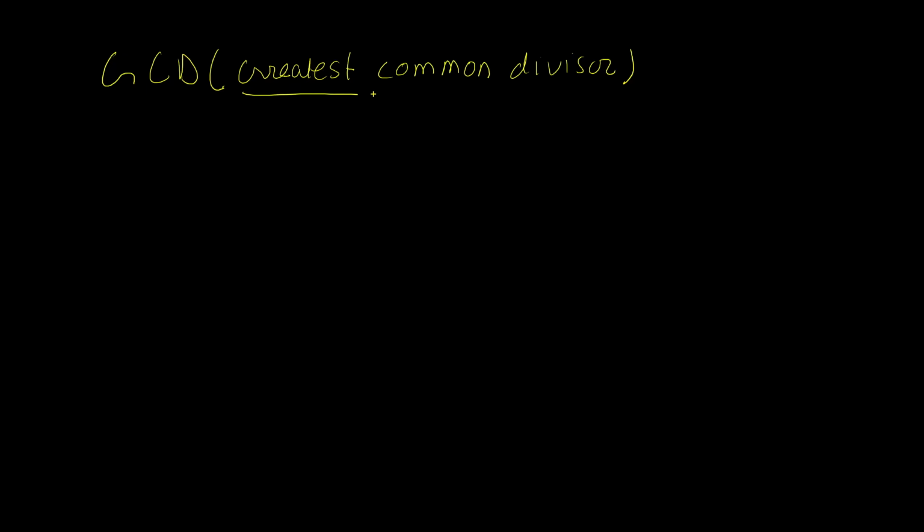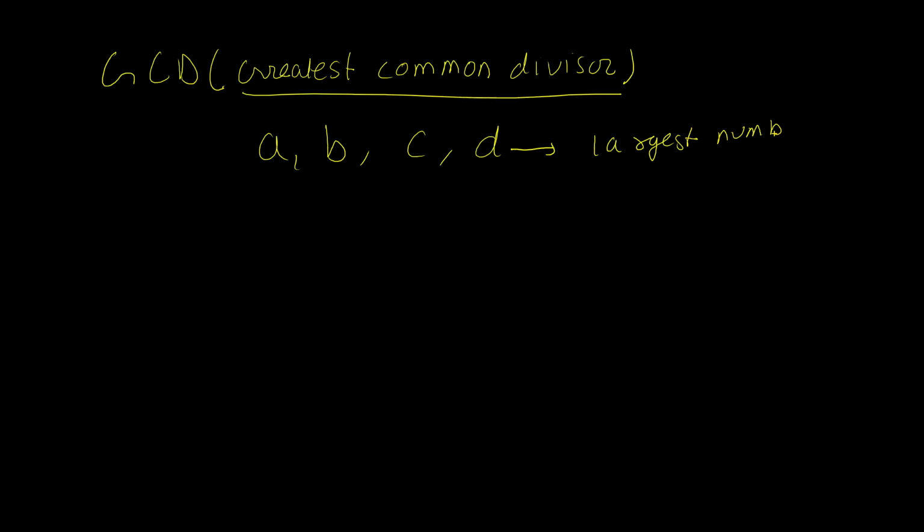Okay, so getting into our next topic, we'll be looking into the idea of GCD or greatest common divisor. And I cannot think of a better example of a name being the definition. Given any set of numbers, the GCD is the largest number that divides all of them.